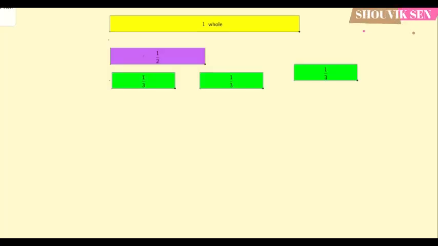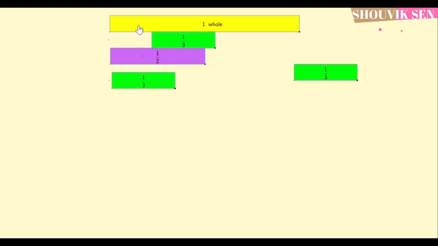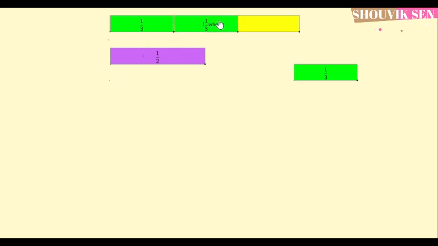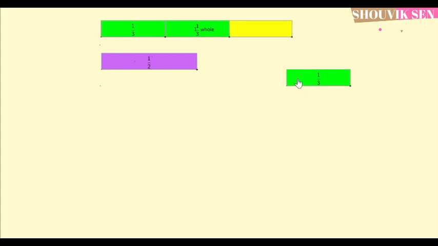Let us introduce 1/2 and 1/3. 3 of 1/3 will make 1 whole. Will it? Let us just check whether 3 of 1/3 make 1 whole or not. I'm just trying to keep this 1/3 over the whole to see whether it is totally overlapping the whole part or not.